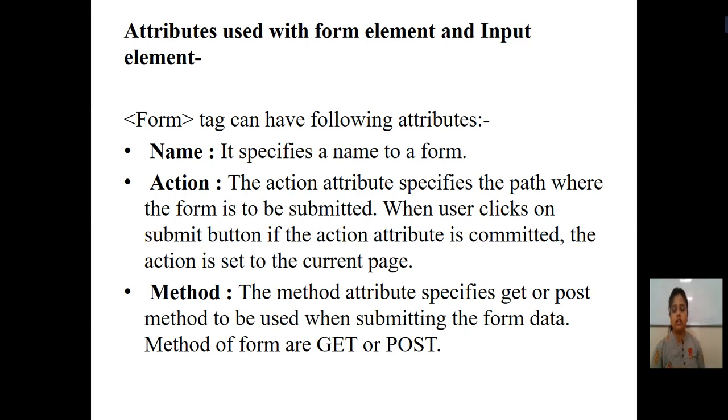The method attribute specifies, when we are submitting the form, whether we are using the get method or the post method. Both methods have different meanings. We will see it in the next lecture, and study it in higher standards, what is the use of get and post. So remember, students, there are two methods used: one is the get method and the other is the post method.